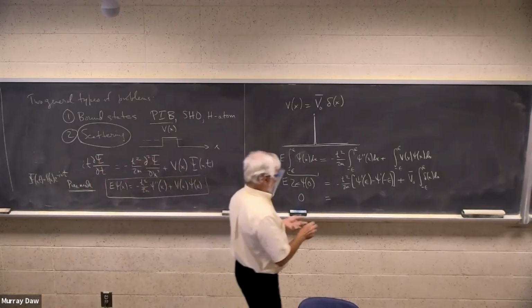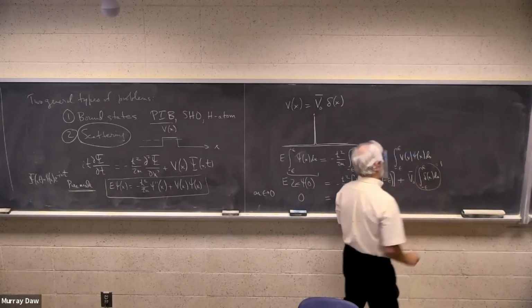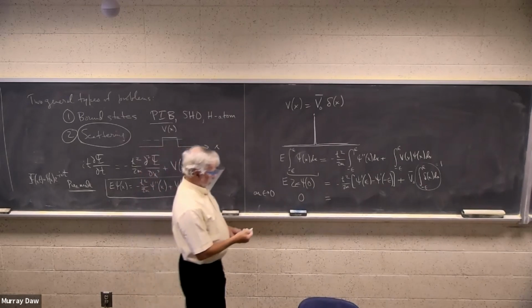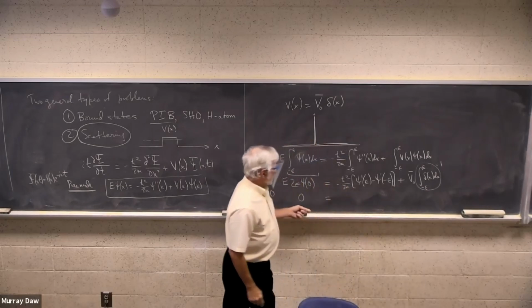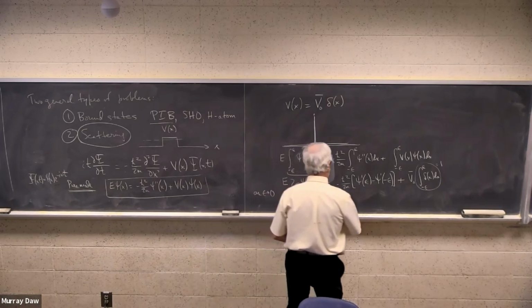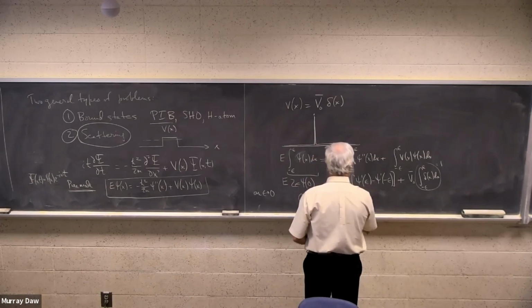Exactly, so this is 1. So here we have the difference in the slopes is not going to be 0 because it's going to be offset by that. So let's write this down, and then we take the limit as epsilon goes to 0.